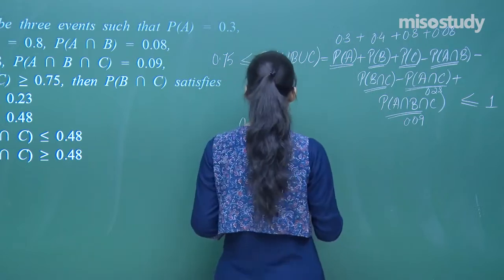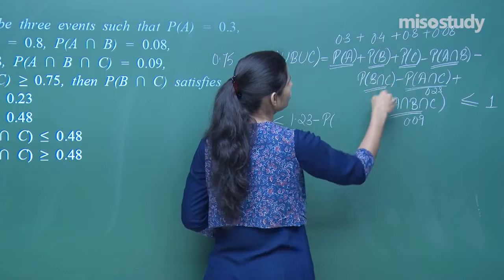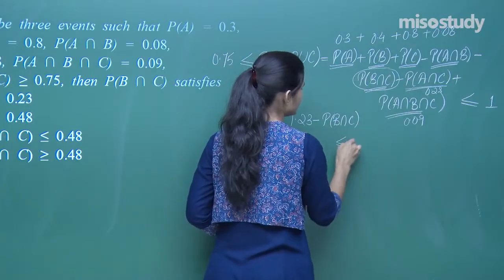So basically when you resolve this you get 1.23 minus probability of B intersection C, because this is the lone quantity which is not known, and less than equal to 1.